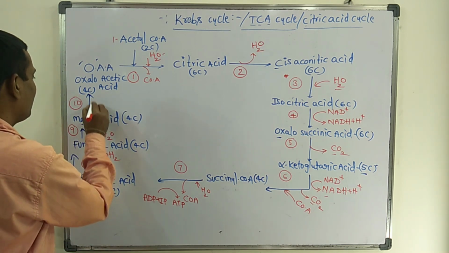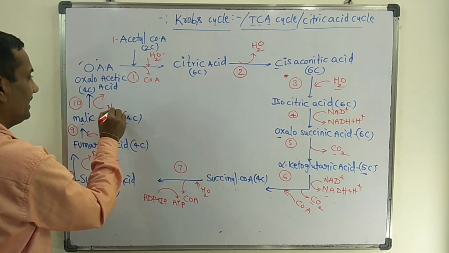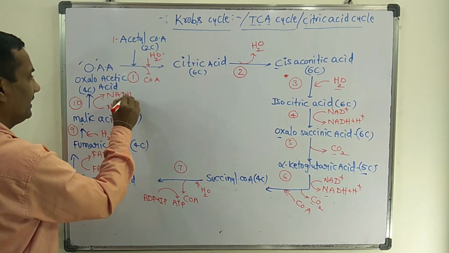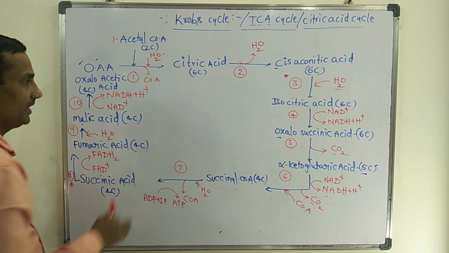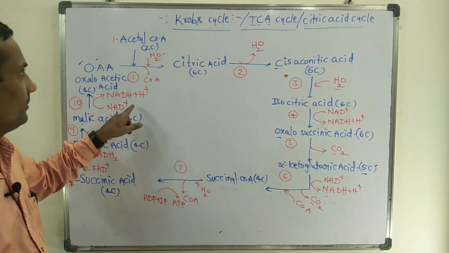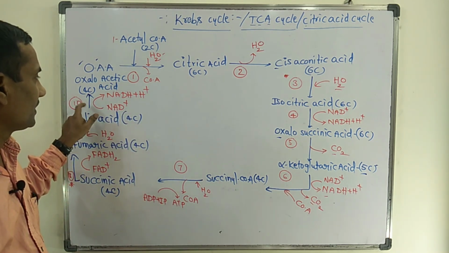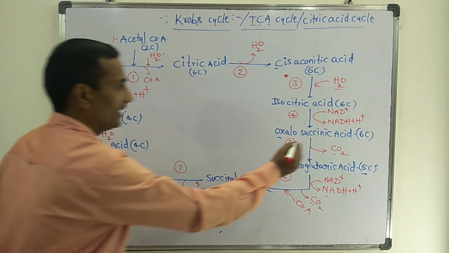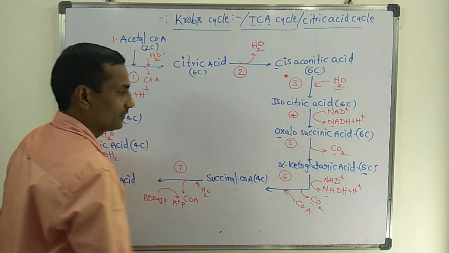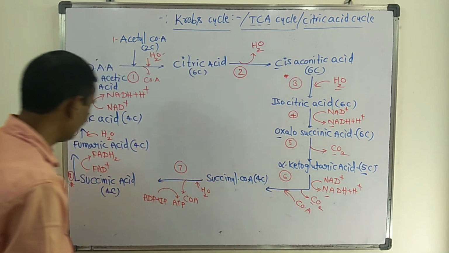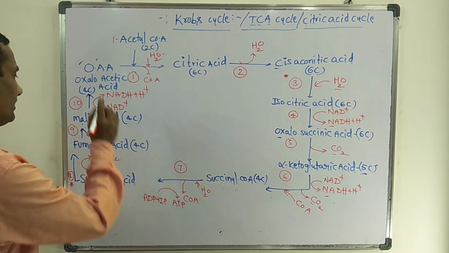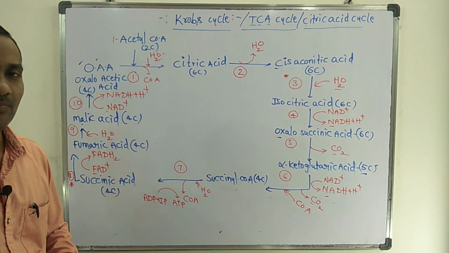Because of oxidation 4, once you see here, NAD plus is reduced to NADH, H plus, produced in the 10th step. Once you observe, the 4th step is oxidation, the 6th step oxidation, the 8th step oxidation, and the 10th step also oxidation.